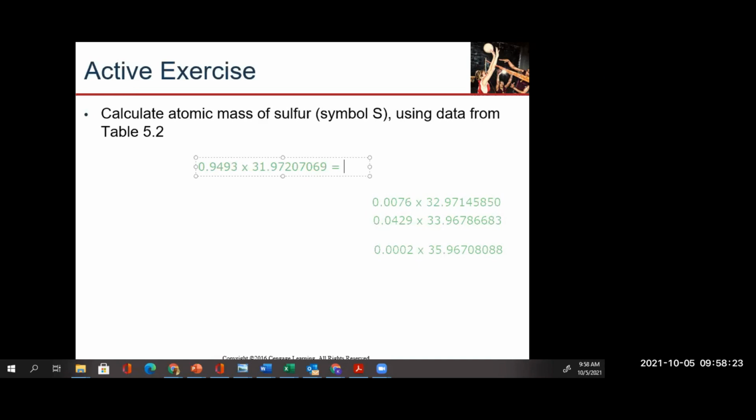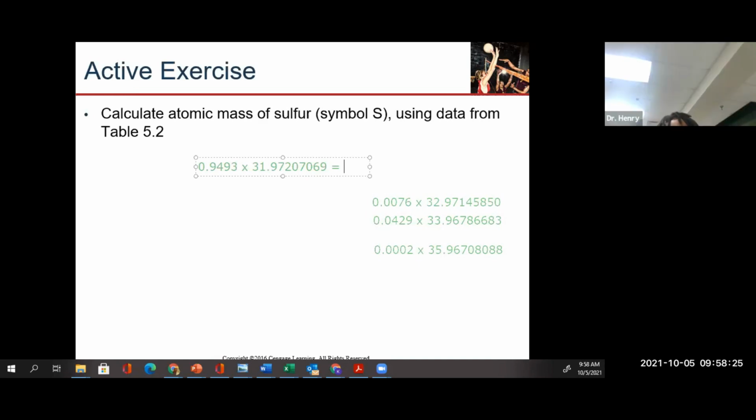Right, 4. So let's do that math. This guy, we have 4 sig figs.